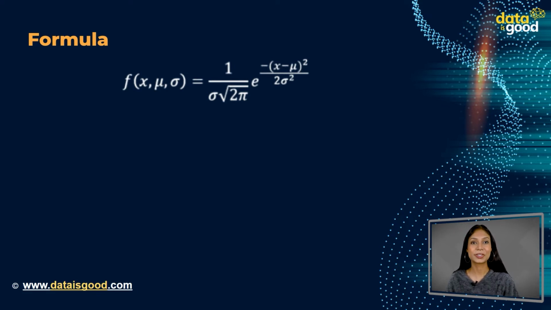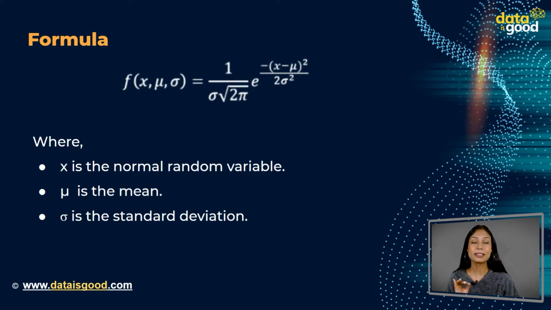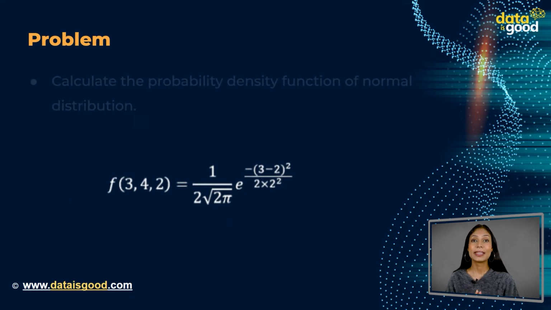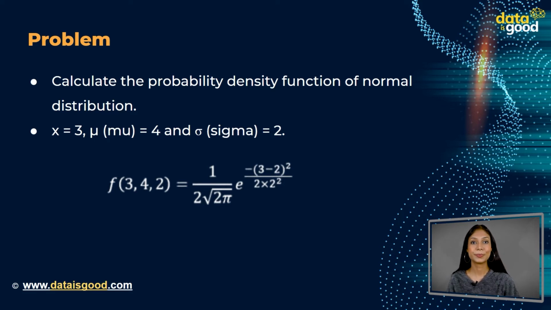Now we will look at the formula of the normal distribution. Here it is on your screen, where x is the normal random variable, mu is the mean, sigma is the standard deviation. We will practice an example of normal distribution now. The problem is, calculate the probability density function of normal distribution using the data x equal to 3, mu equal to 4, sigma equal to 2.